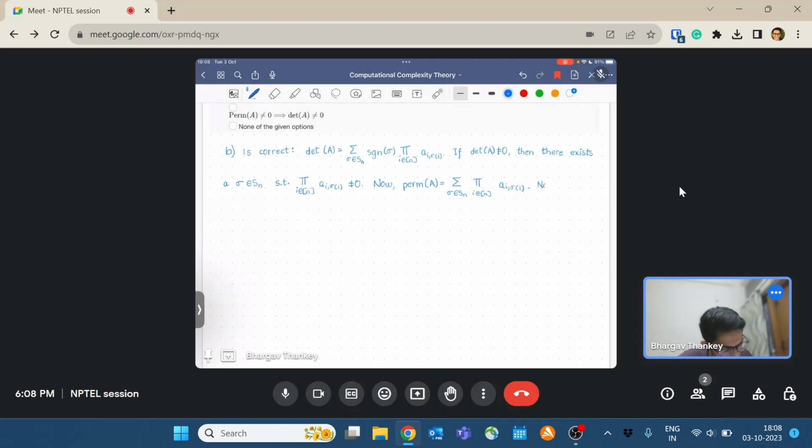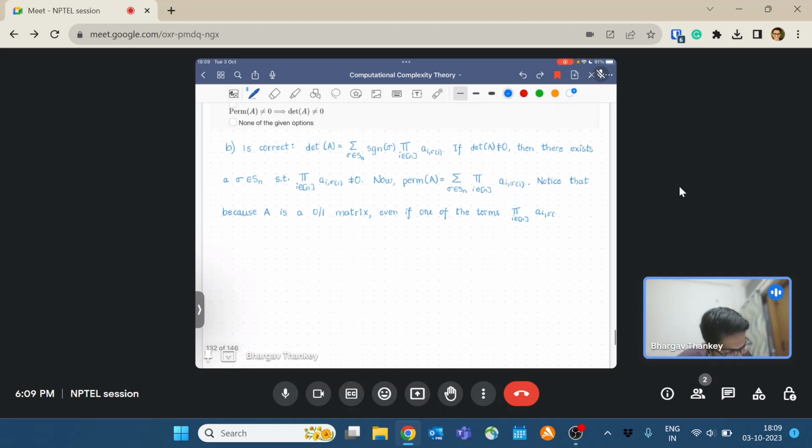Notice that because the matrix is 0, 1, even if one of the terms, the product over i in [n] of a_{i, sigma(i)}, is not equal to 0, then the permanent is not 0.